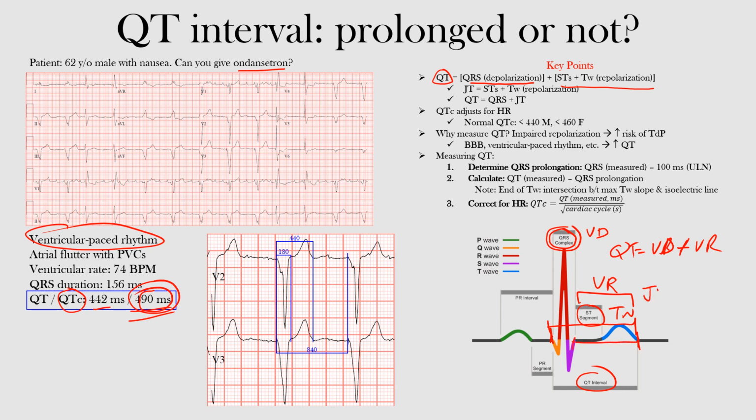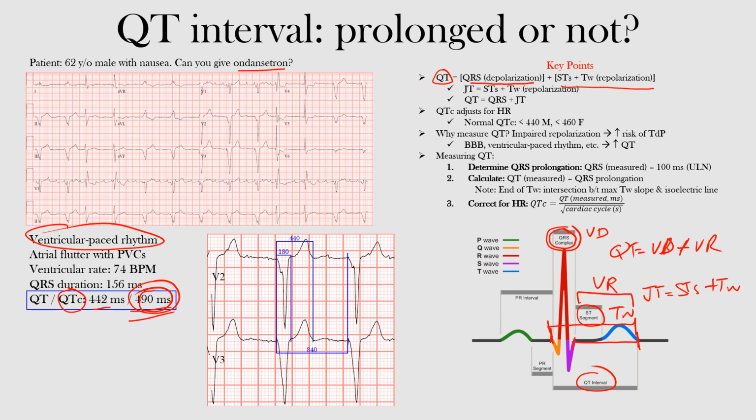The JT, similar to the QT, is the ST segment plus the T wave duration. So you can imagine if ventricular depolarization is prolonged from maybe a bundle branch block or a paced rhythm, as we have in this patient, the QT interval may also be prolonged.